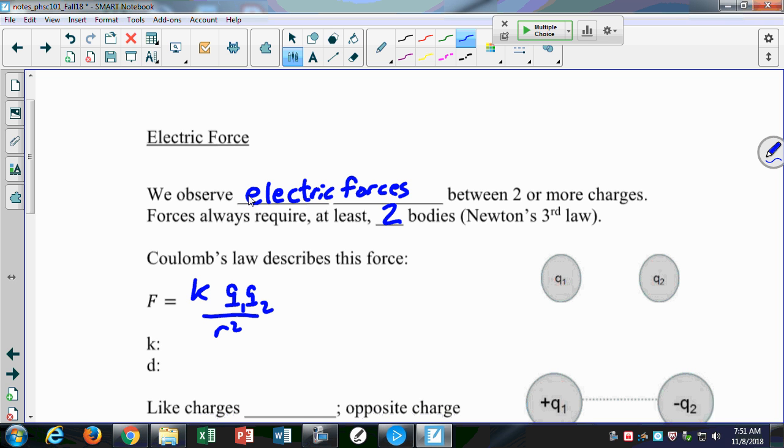Usually I use r, but your book uses d, so I'm going to change that to d. This is my distance d here. Those are my charges, Q1 and Q2. Remember, those are measured in coulombs. That's the SI unit. And k is a constant. It's called Coulomb's constant.